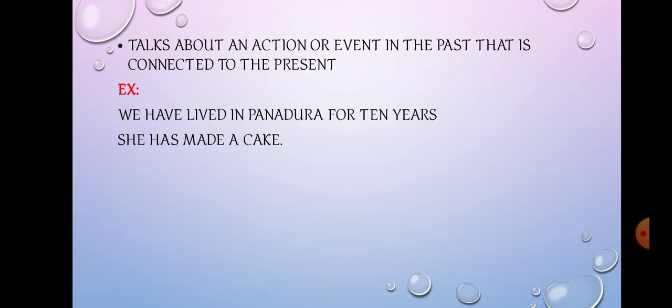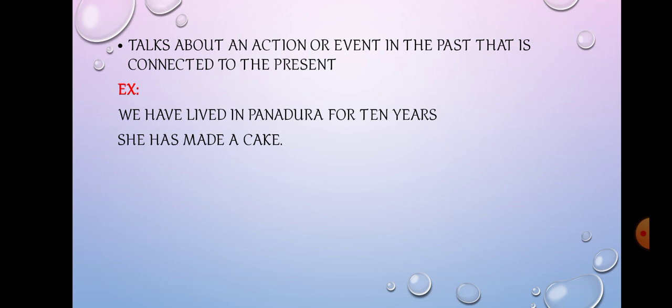We have lived in Panadura for 10 years. The present perfect tense verb here is have lived. Any action that started in the past and is connected to the present, for those actions you use the present perfect tense, like in this example.